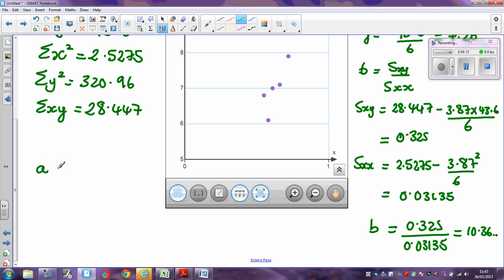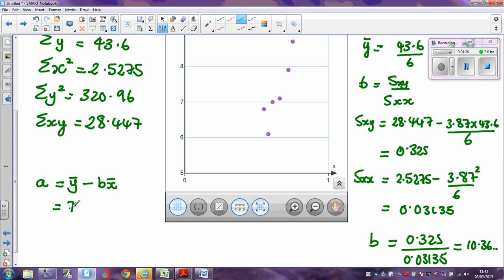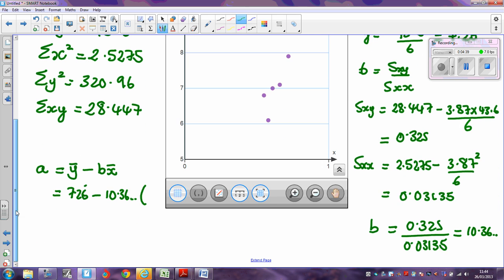So to find a, a is equal to the mean of y minus b times the mean of x. The mean of y we've already established is 7.26 recurring, minus b, that's the 10.36 saved in the memory of your calculator, times the mean of x, which was 0.645, and if we work that out, a comes out as 0.5800.